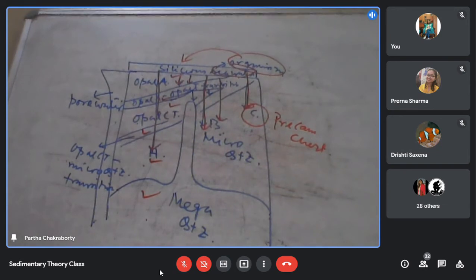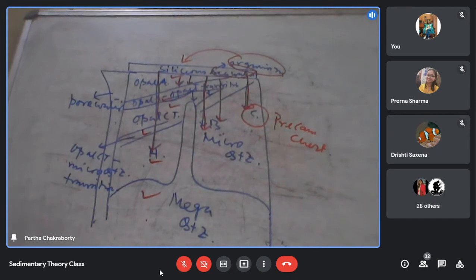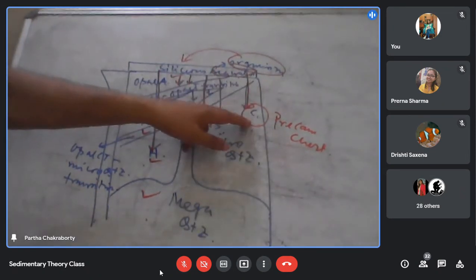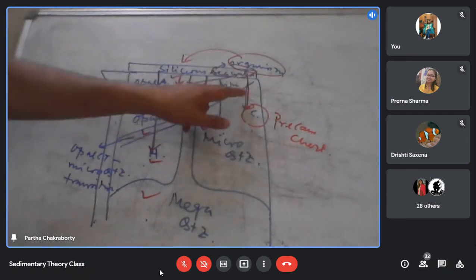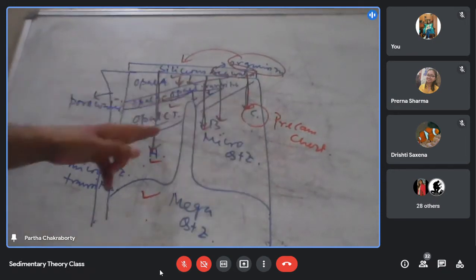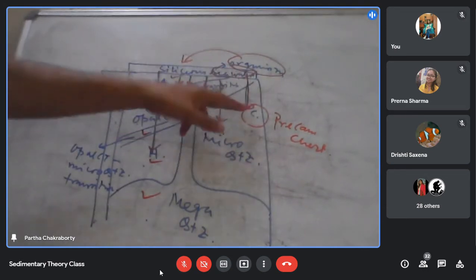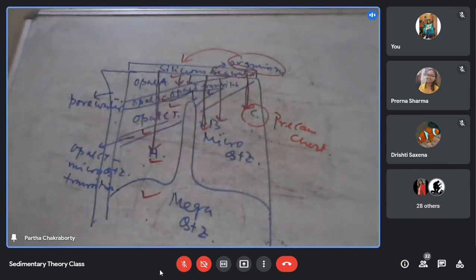All this diagenetic pathway which is required for Phanerozoic chert to explain bedded chert or nodular chert is not required here. You can directly think of inorganic precipitation. That is reflected by path C in this figure, where there is no major diagenetic path of opal-A, opal-CT, but a direct change from the seawater to microquartz.